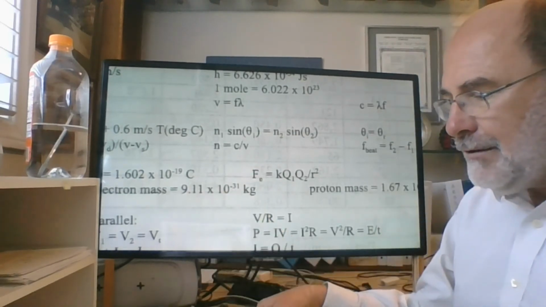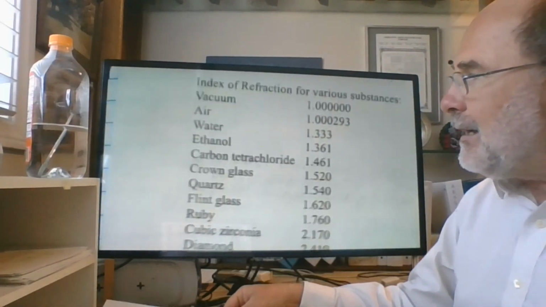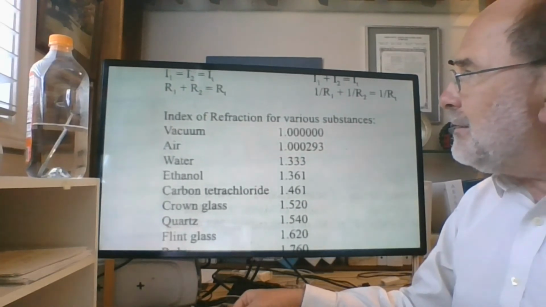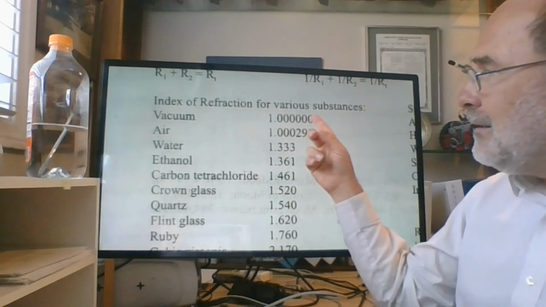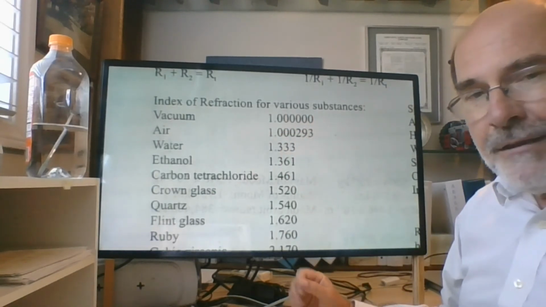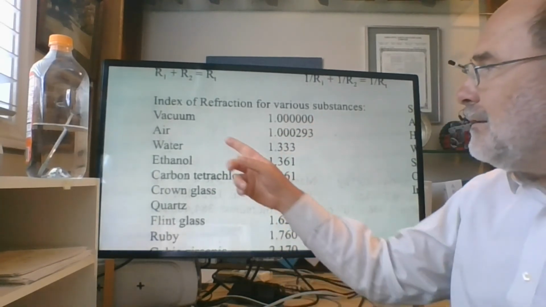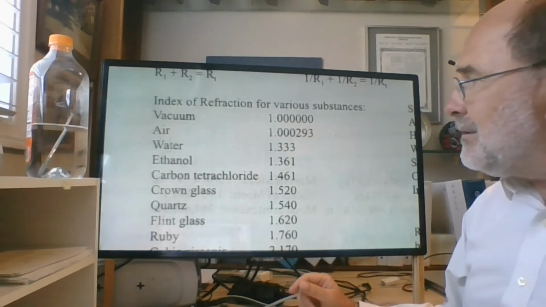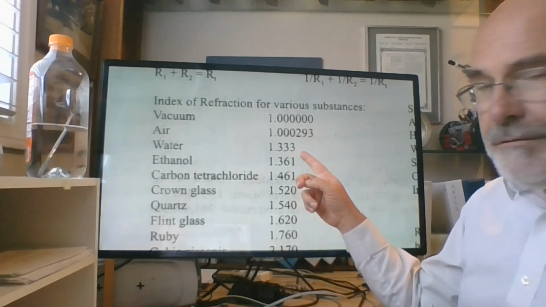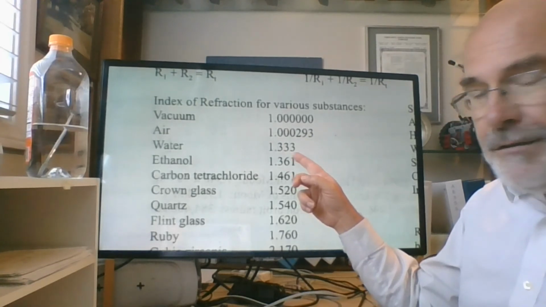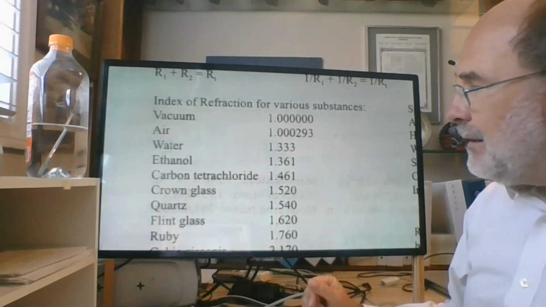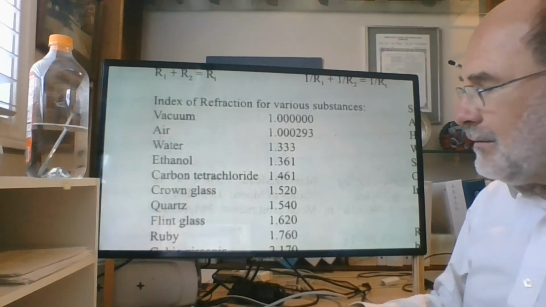Now, on this reference sheet, it happens to have the table showing the indices of refraction for various substances. So again, in a vacuum, it's exactly 1. In air, 1.000293. In water, you can see there's actually a fourth significant digit here, 1.333. And then other substances.